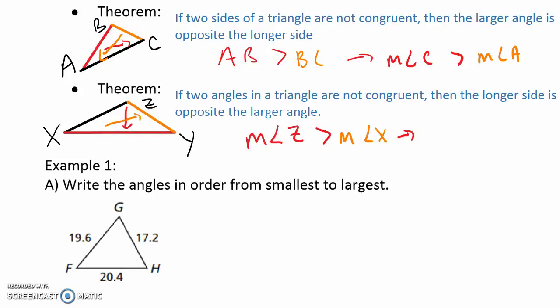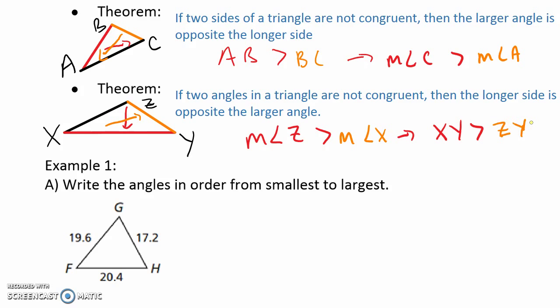So then what I can conclude is that the larger angle corresponds with the longer side. So since angle Z is the larger angle, XY should be longer than ZY. And that's your second theorem.